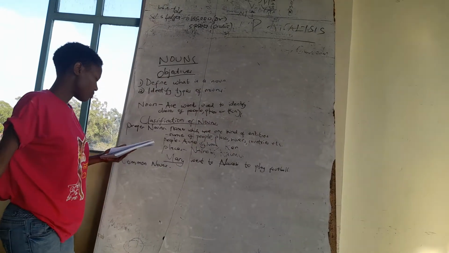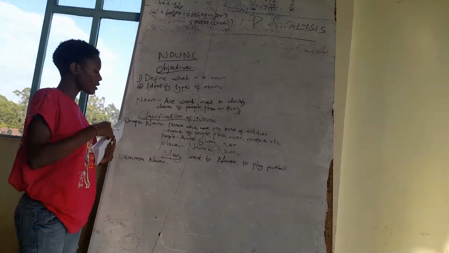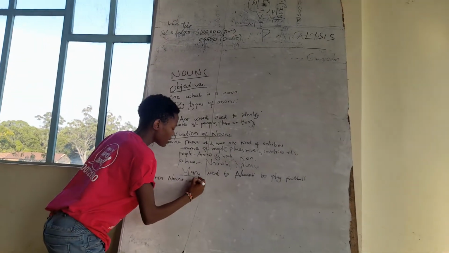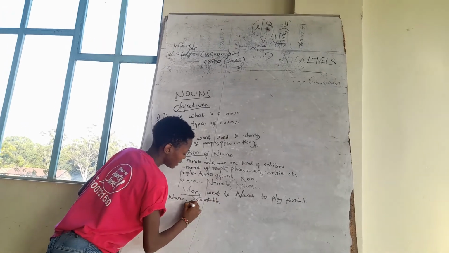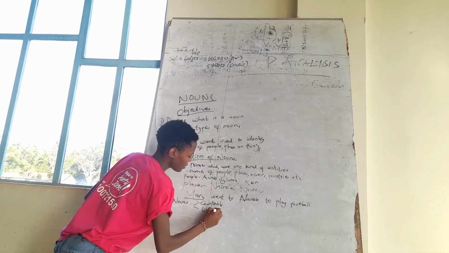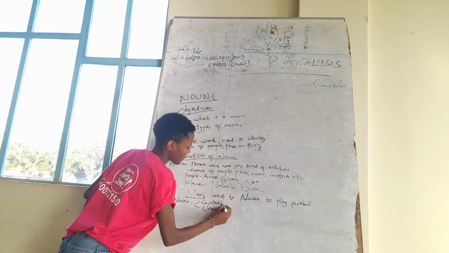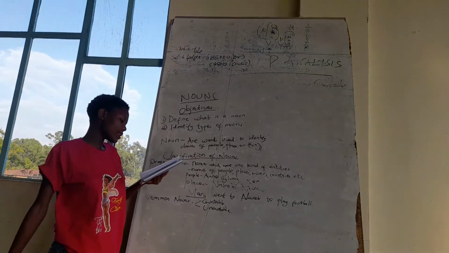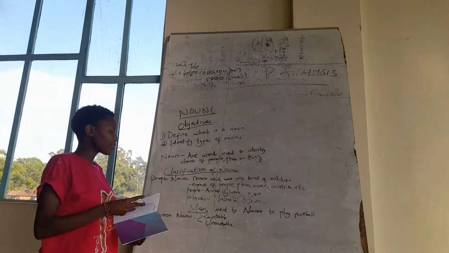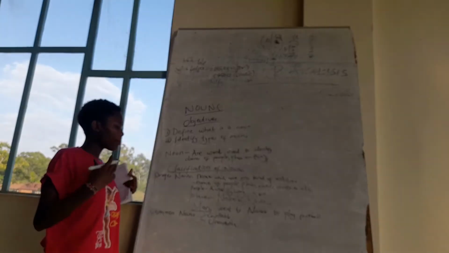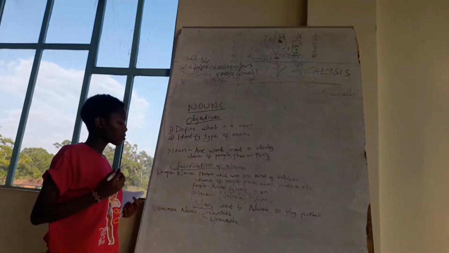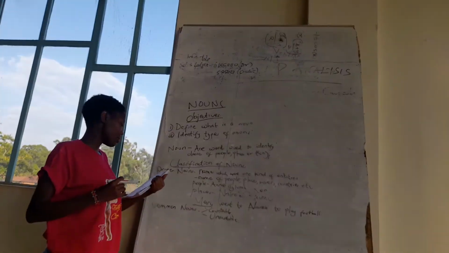In common nouns, we have two classes: countable and uncountable. Countable nouns are those that we can count in numbers, 1, 2, 3. You can touch an object and know that it can be counted.